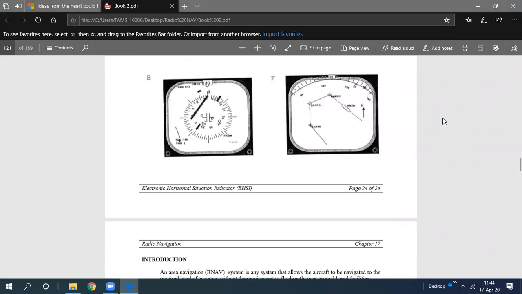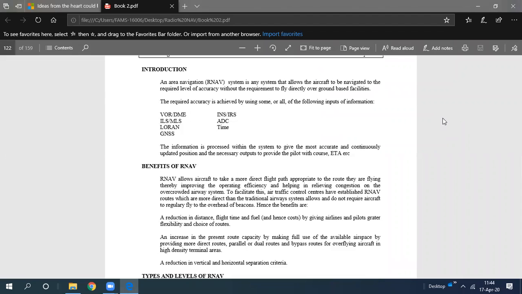or area navigation, right? Now, what is the purpose? Why was this so-called area navigation, or what we term as RNAV, introduced as far as aviation is concerned? The main reason was that gradually the number of aircraft in the air started increasing, and the authorized routes available were very, very limited.